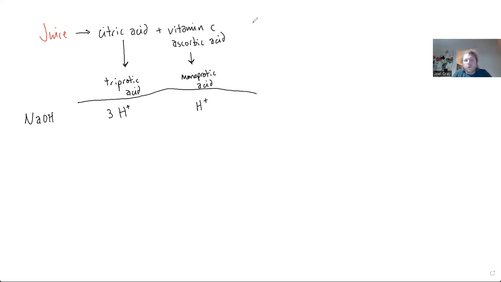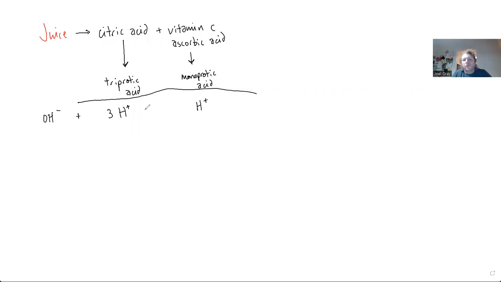Now, maybe something that you've seen in your Gen Chem 1341 class, you've probably talked about ionic reactions. When it comes to sodium hydroxide, NaOH, arguably all that we care about in this specific acid-base titration is the hydroxide ion. So one hydroxide ion will neutralize one hydrogen ion.